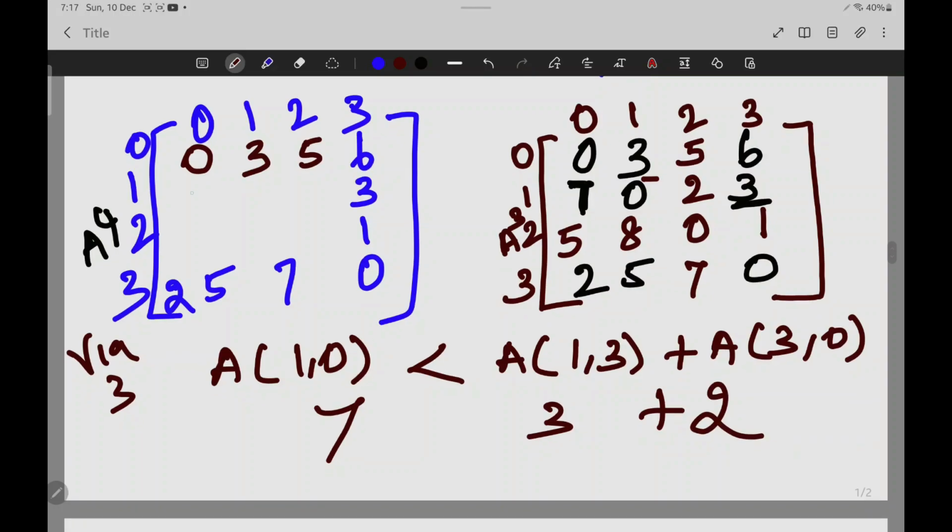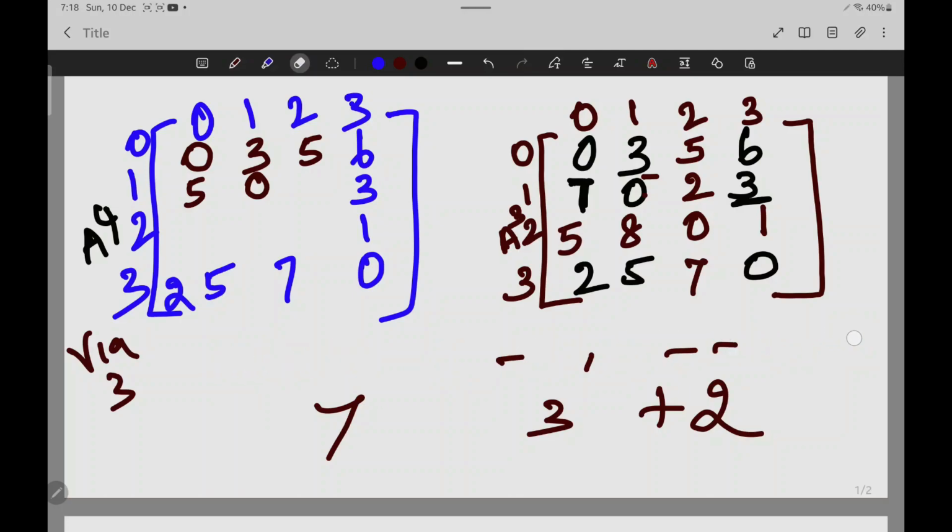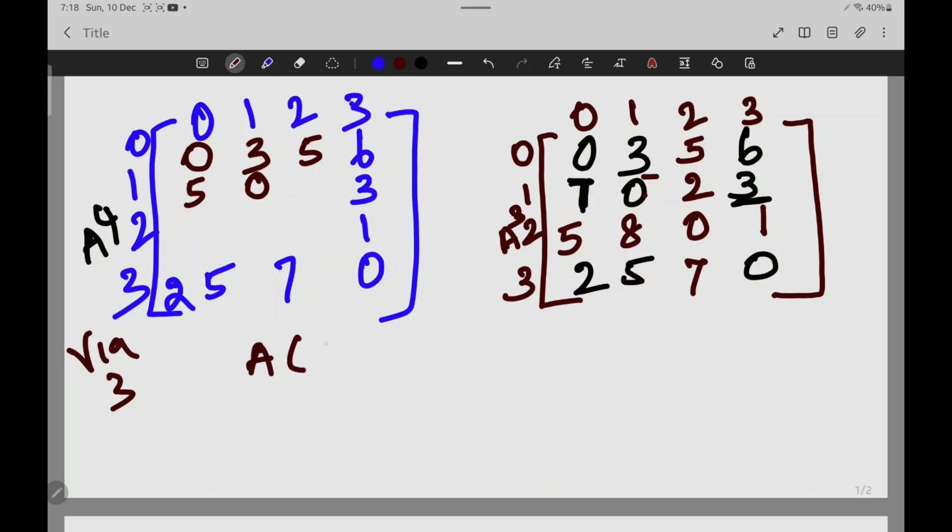This can be replaced. 5 can be replaced with 7. Definitely the remaining values we will get as the maximum value only. When we consider a single value, that will be the maximum value. See here 1, 1. So 1, 0 is 7. So definitely it will become maximum. So we can keep the previous value.